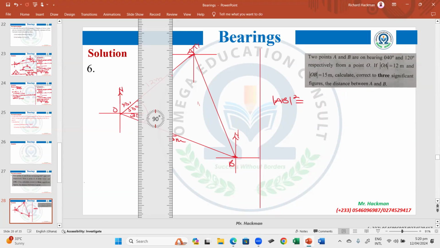So the other side will be OA squared plus the other length, OB squared, minus twice OA times OB times the cos of the angle at O. Is my point well made?